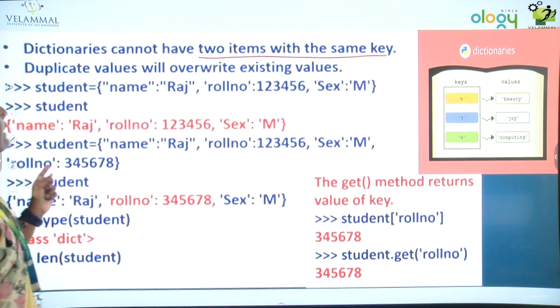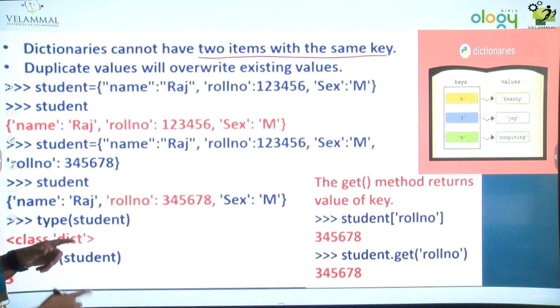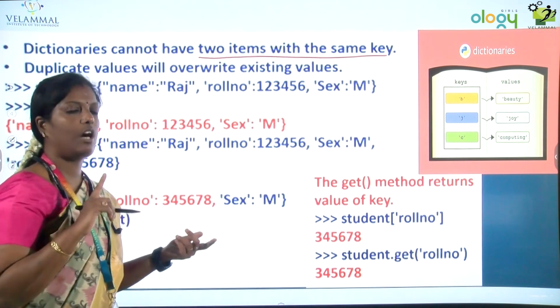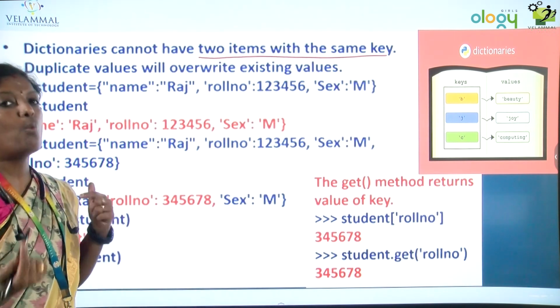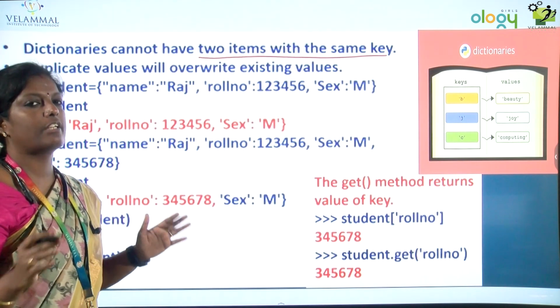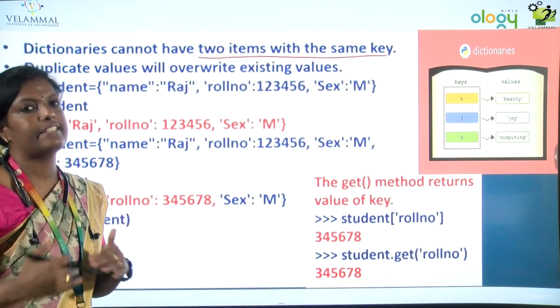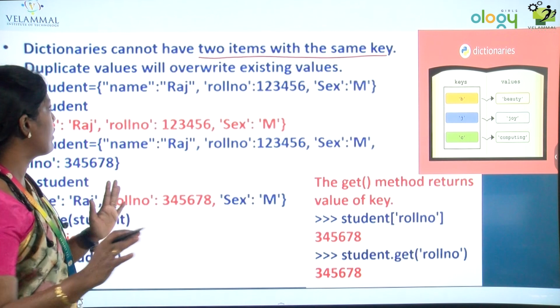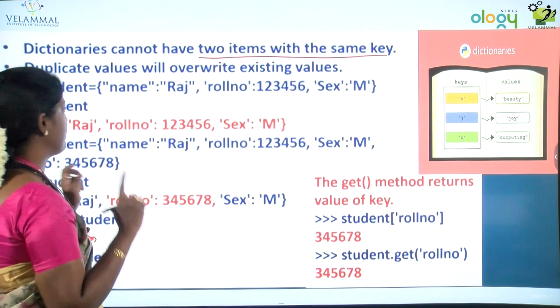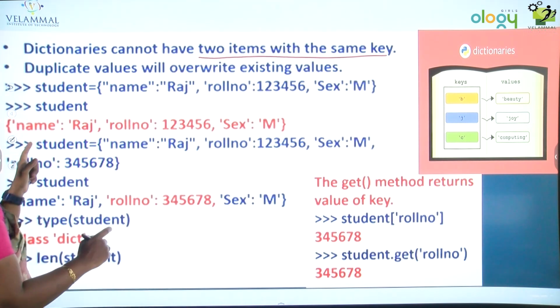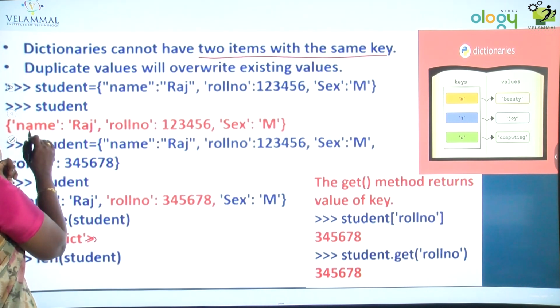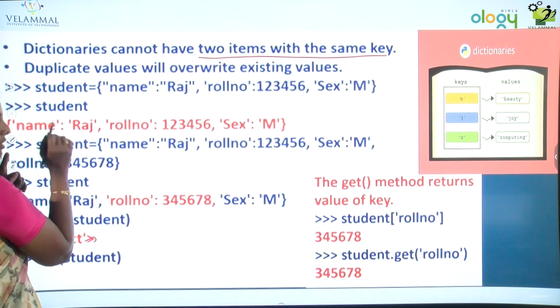Right? Fine. Next, if duplication is done, knowingly or unknowingly, if you make that mistake, what will happen? It will not shoot up an error. It will just update with the most recent value. If name is given 2 times, for example, here name already has the key value Raj.